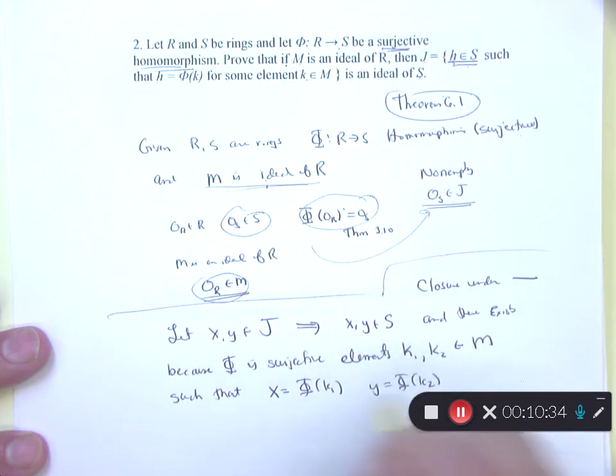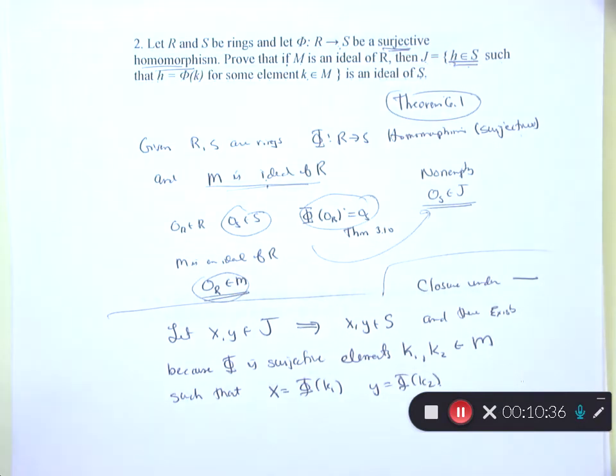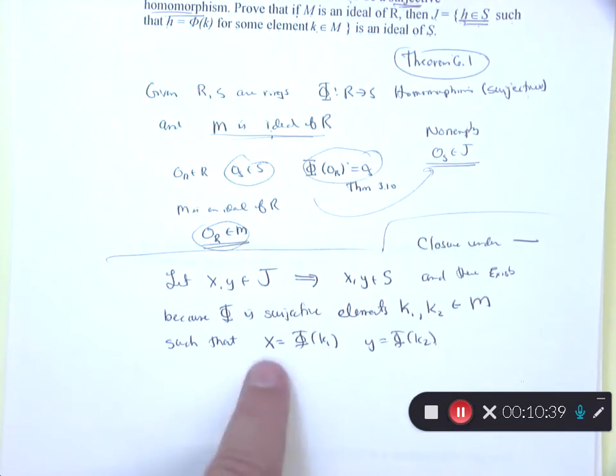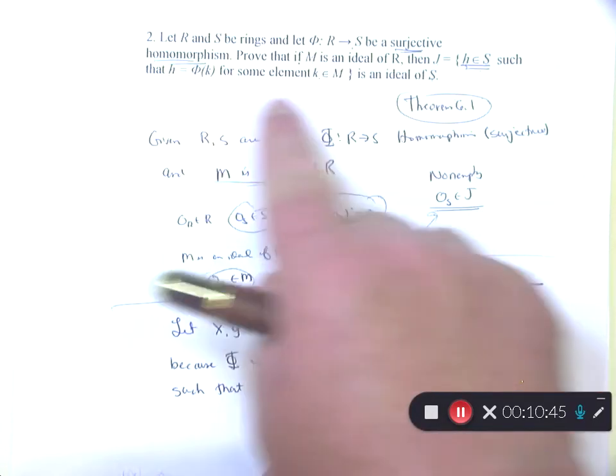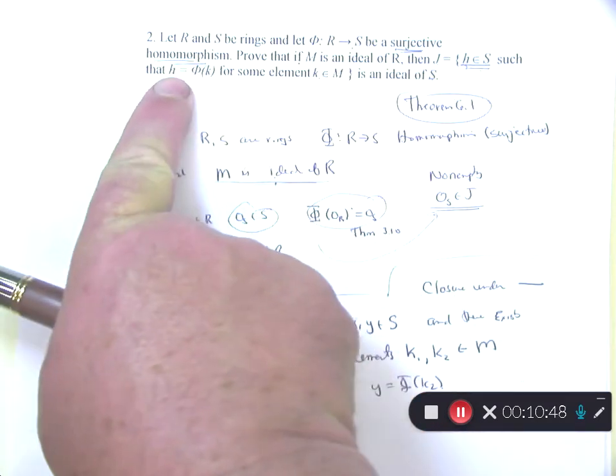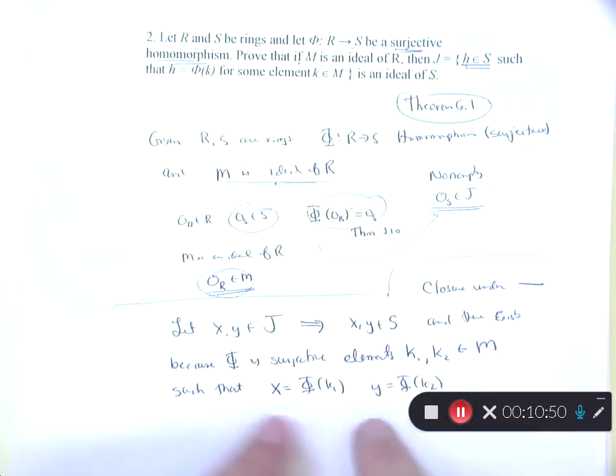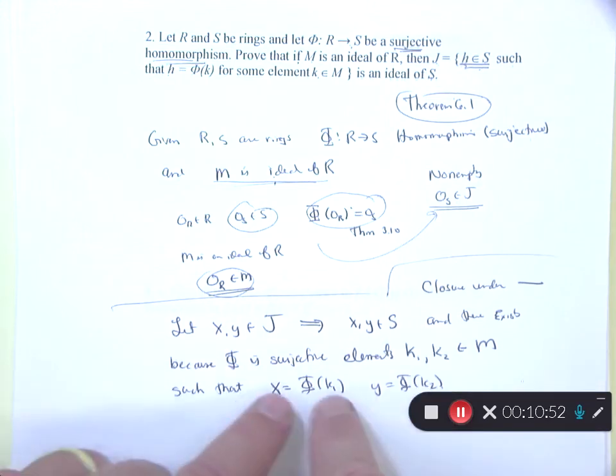Where most students screw this up, they'll put phi on the wrong side. They'll do phi of X equals K1, phi of X equals K2. No, K1 and K2 come from M, which is a subring of R. They're inside the parentheses. What's outside the phi are elements of S. X and Y come from S, so they're going to be equal to the phi values.